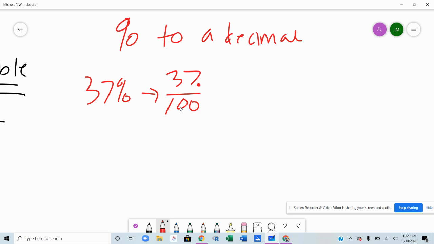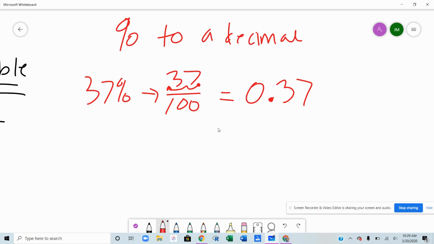You need to move it 2 places because there's 2 zeros to the left. So 37% is 0.37. Okay, so it's just moving your decimal place from wherever it currently is 2 places left.